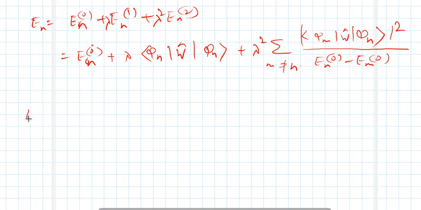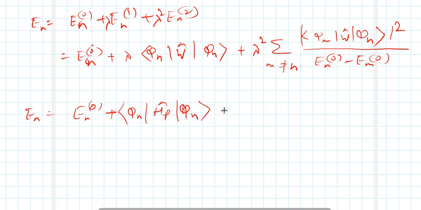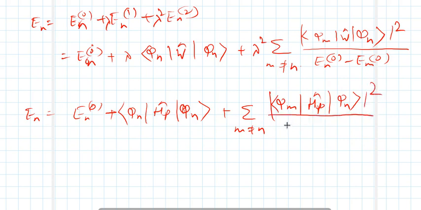So this En is equal to En0 plus phi n hp phi n plus summation m is not equal to n, phi m hp phi n its mod square divided by En0 minus Em0 plus and so on, and say it is equation number 24.